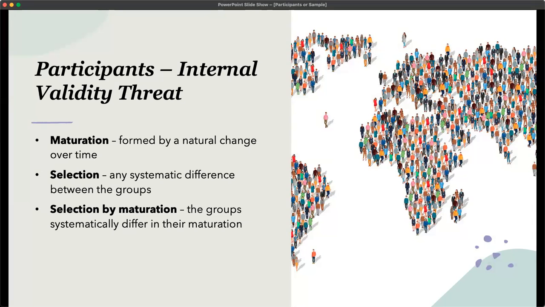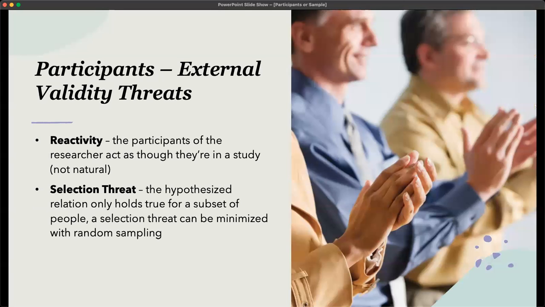So as an example, if you are comparing two different classes of students, and one is at a higher grade level than the other class, then we've got a systematic difference between the two groups. One group is older and they've been in the school system a little bit longer than the others. Now, selection by maturation would be the groups systematically differ in their maturation. Again, at the master's level, we don't really need to worry about this one.